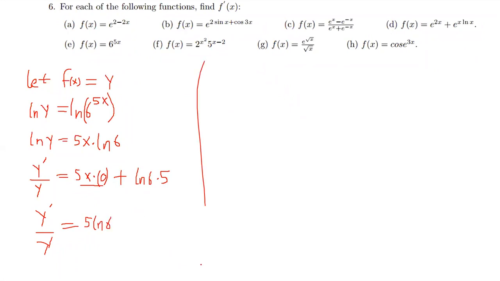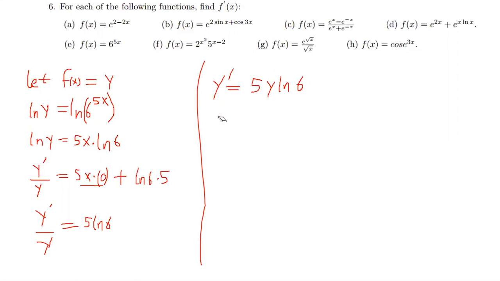So y prime is equal to, you just take this y this side. So it's going to be 5 times y, you get 5y ln 6. While there is y here, we're just going to replace with f of x.